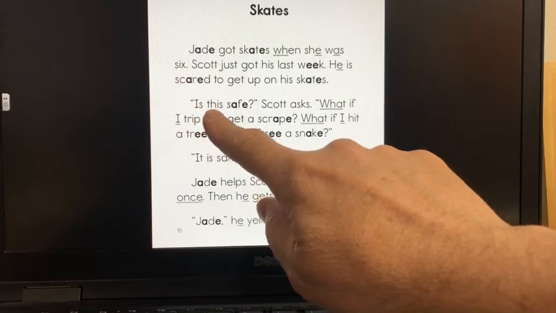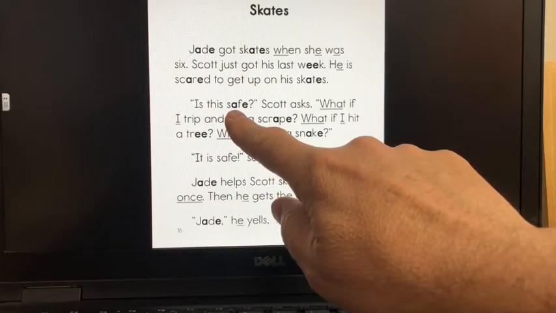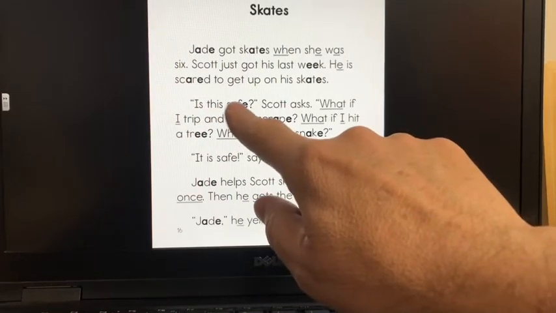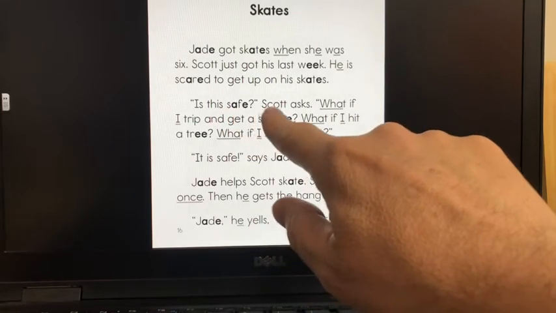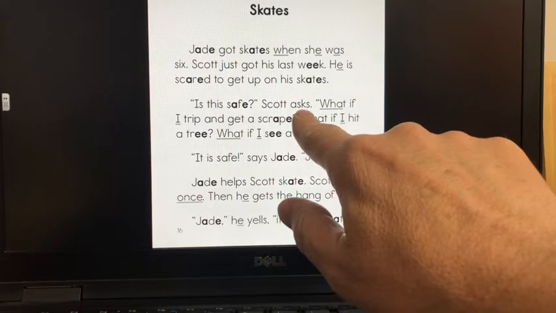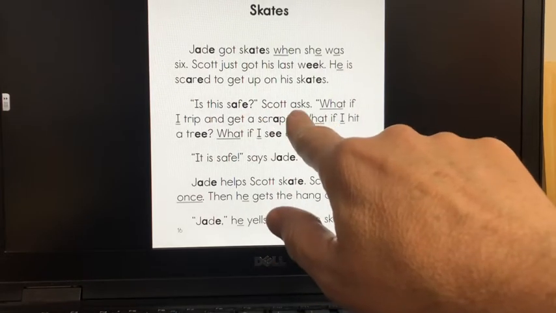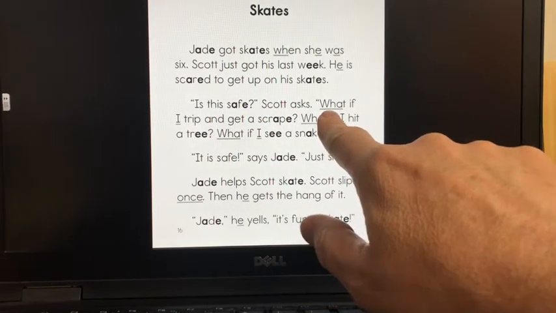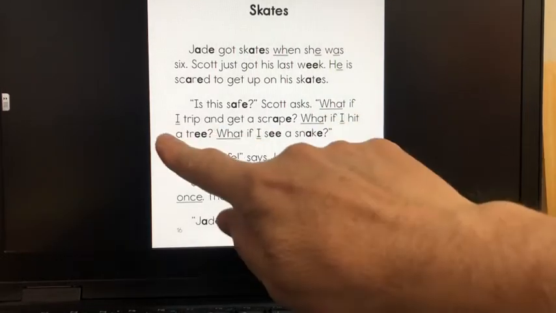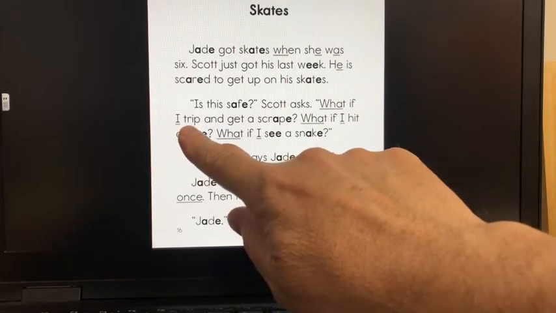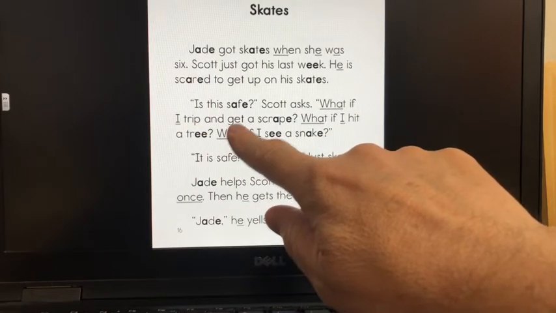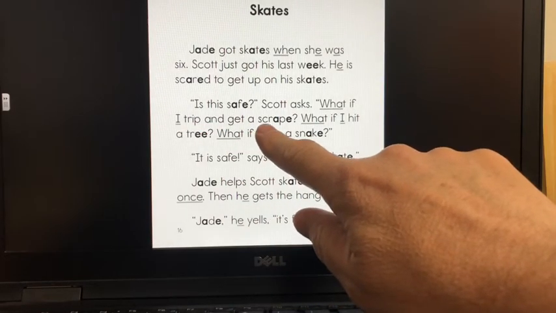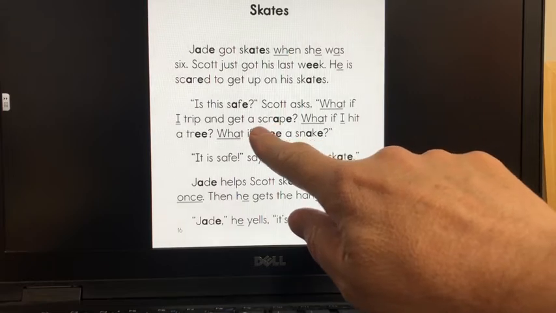Is this safe? Safe. See how the A and the E are making the A say A. Safe? Scott asks. Question mark, so he's asking it. Tricky word. What if I trip and get a scrape?